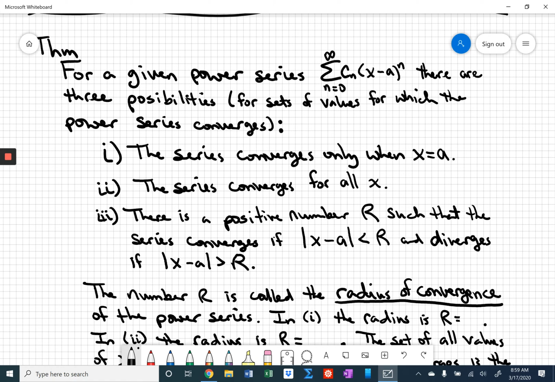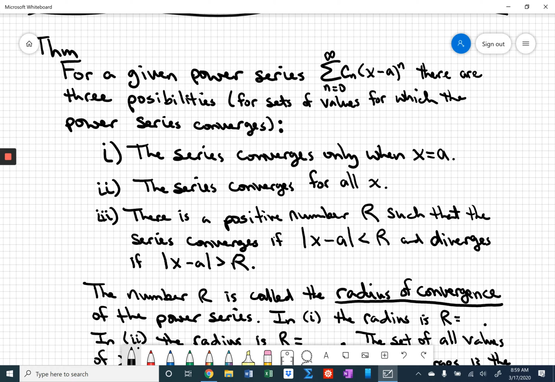It could be that the series only converges at one point, x equals a, what we're going to call the center of the interval of convergence, or the center of this series. Okay, so every single series will always converge at its center. For some of them, that's the only place they will converge. Okay, that's what number 1 is telling us.